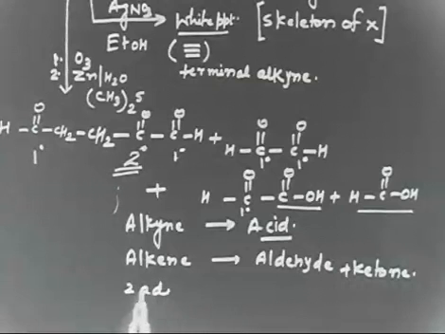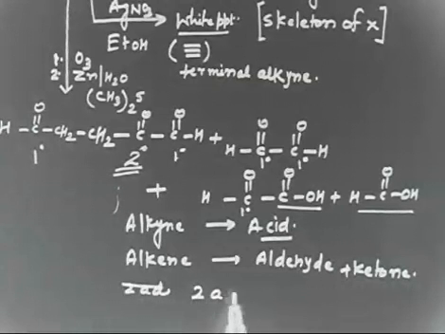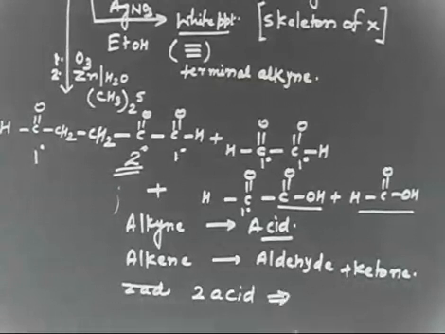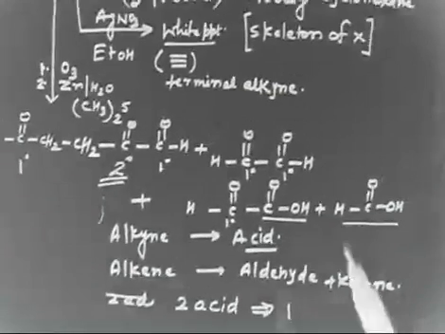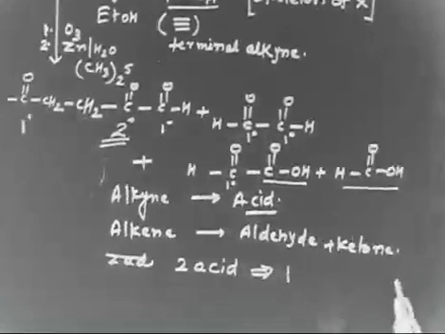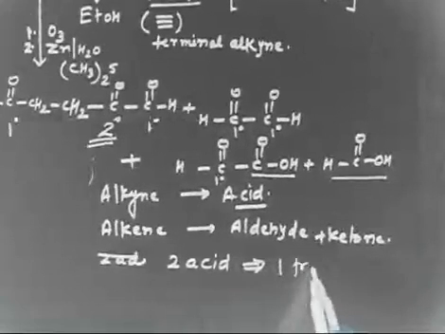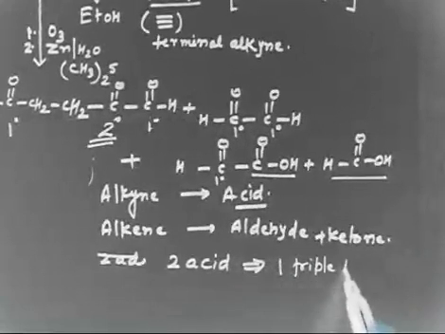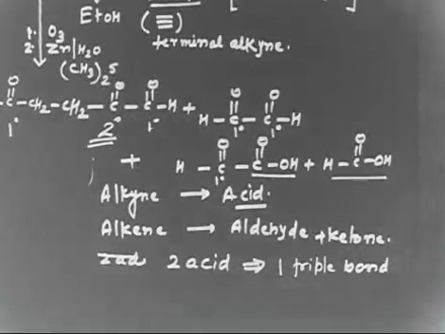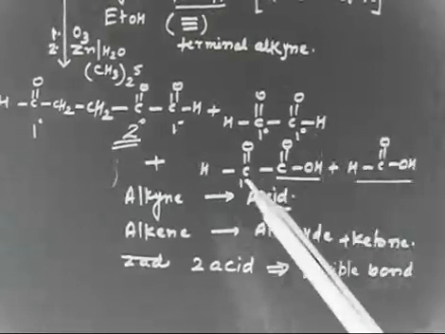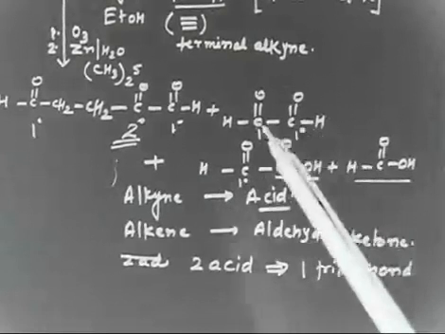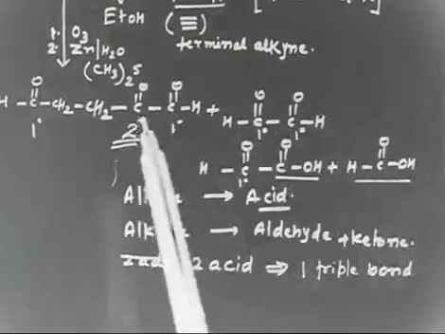So let us write. I have 2 acids. This means I will have one triple bond, and we have already said there is a terminal alkyne. Now how many carbonyls, aldehyde or ketone, am I getting? Let us count: 1, 2, 3, 4, 5, 6.